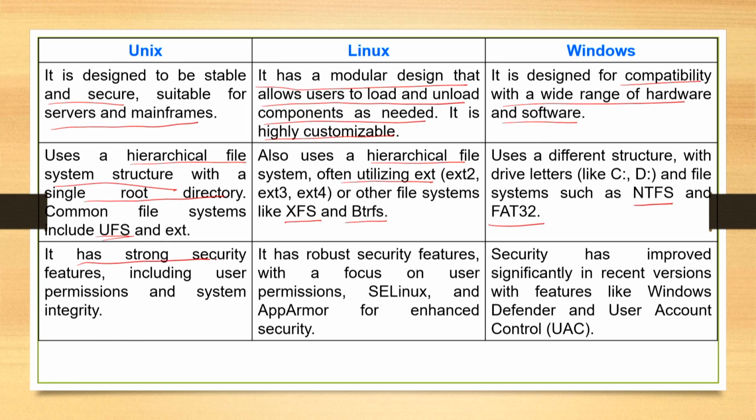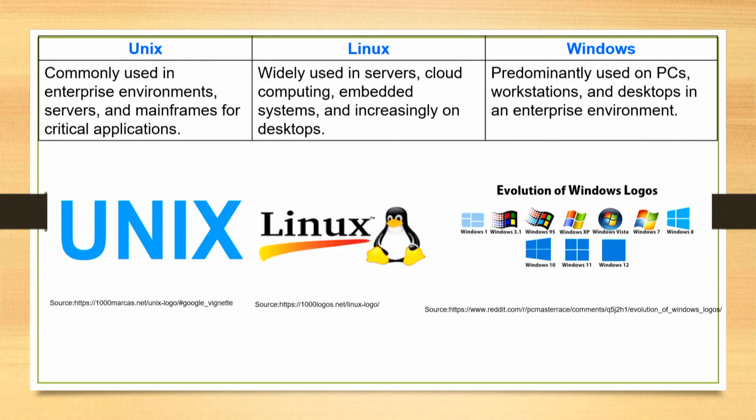Unix has strong security features including user permissions and system integrity, whereas Linux has robust security features, and Windows has improved security in recent versions with Windows Defender and user account control.